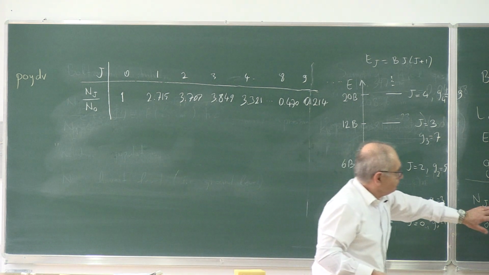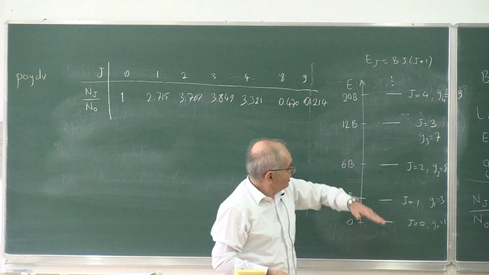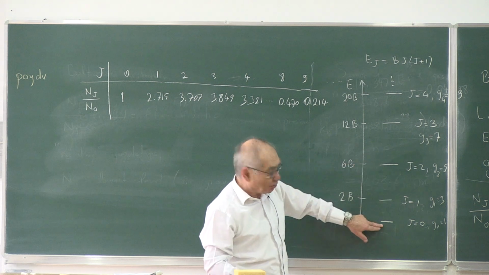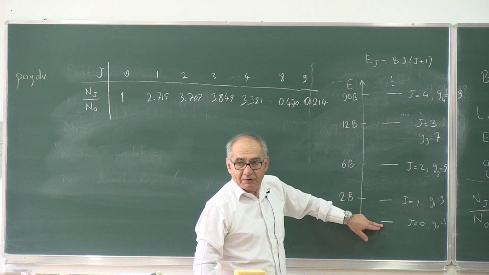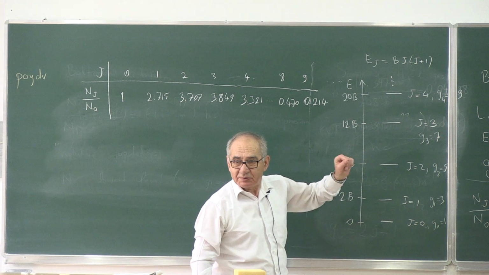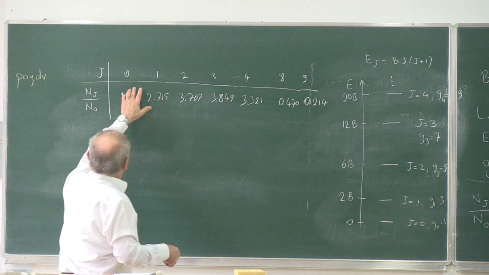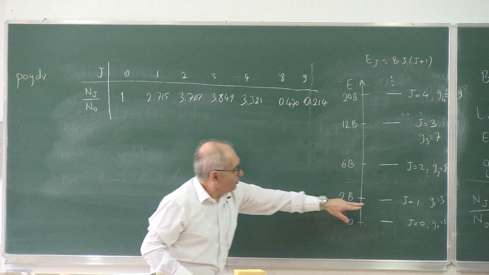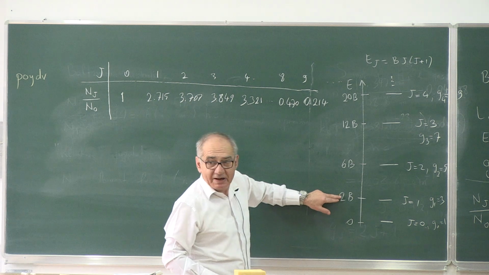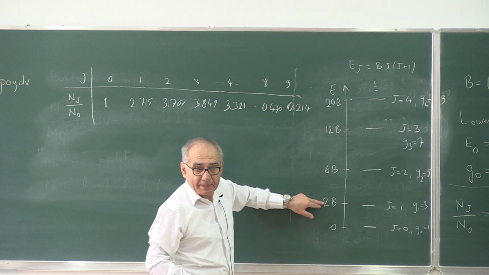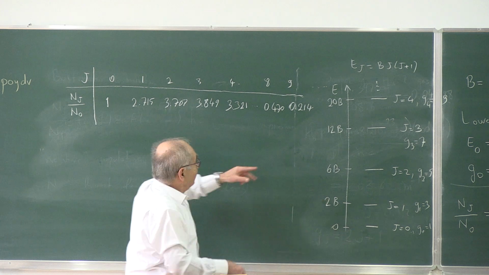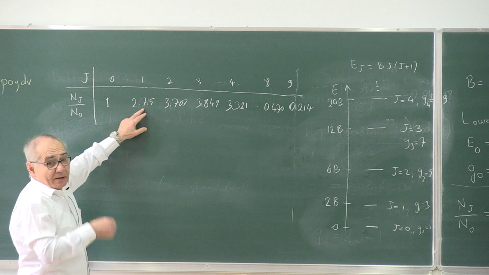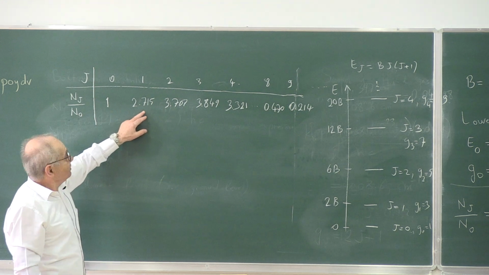This expression gives the number of molecules, say, at this rotation level, divided by the number of molecules in the lowest level, relative populations. So, look at this expression. The number of molecules in the first rotational energy level, where the energy is 2 times B, divided by the number of molecules in the ground rotation level is 2.7.